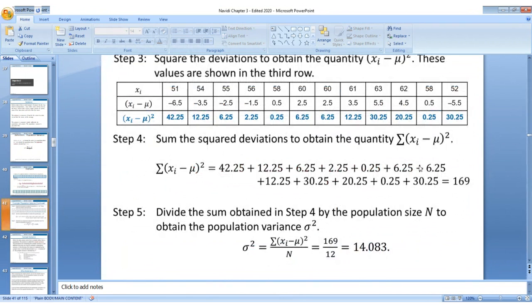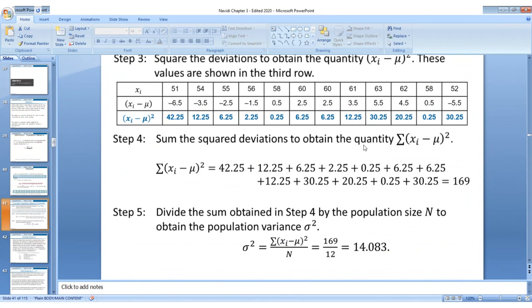Now, to finish the next step to getting that whole thing that was in the numerator, we got to square each one of those middle row values now. So the negative 6.5 squared. And this is something you got to remember. When you square a number, it will always be positive.